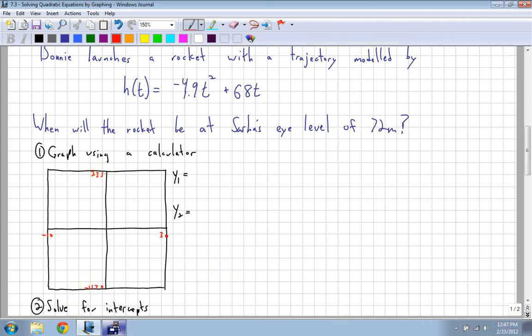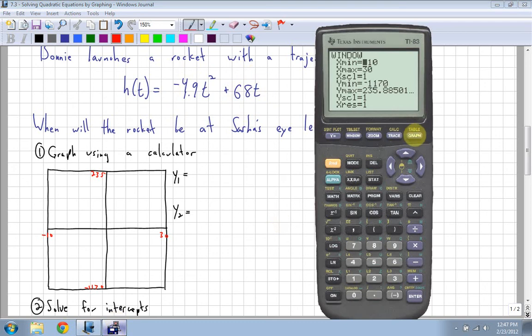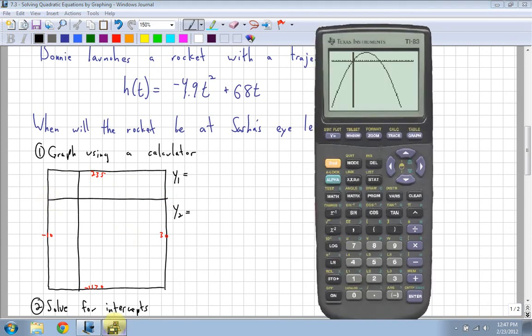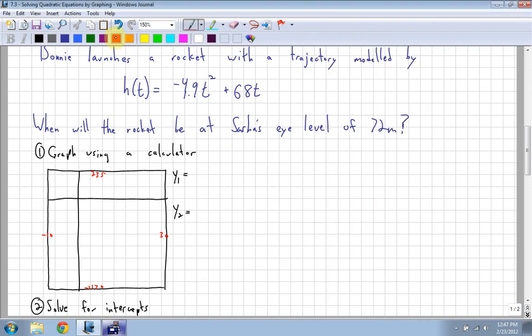It's okay that the values are big because we're dealing with quite large values, right? It's a rocket. And there is what my graph looks like based on those values, right? My window would be a little bit different than that. I should actually have my lines going maybe like this and like that. Okay, and then check to make sure that your graph looks similar.